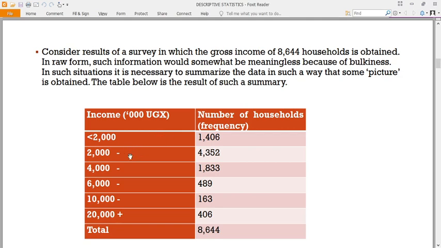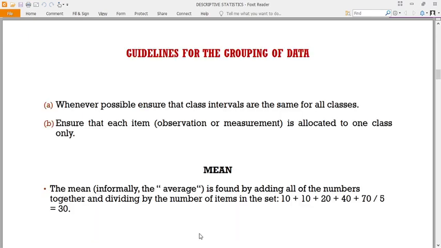So if it has a decimal place, we increase the decimal places by 1. For example, if it was 2,000.5, the lower boundary would be 2,000.5 minus 0.05 and add the same to the same number to make an upper boundary.